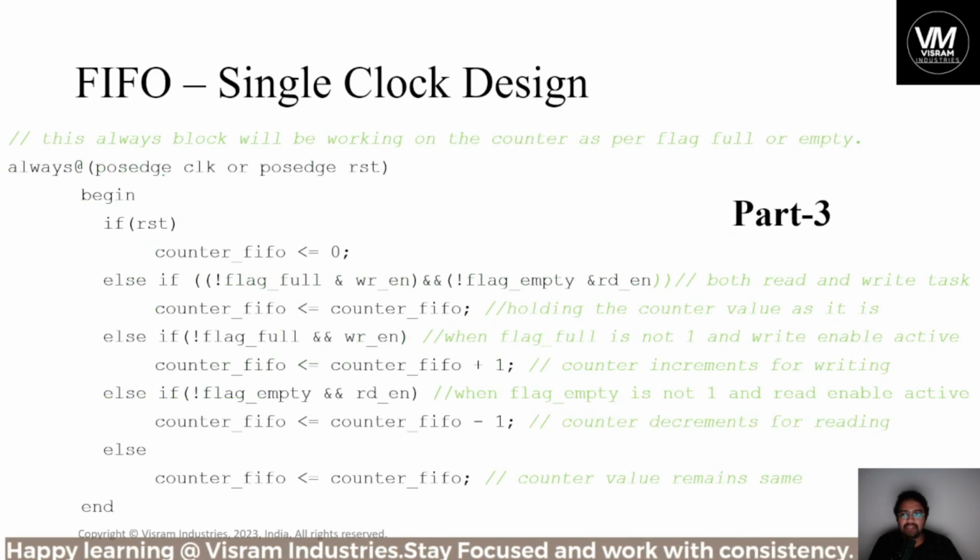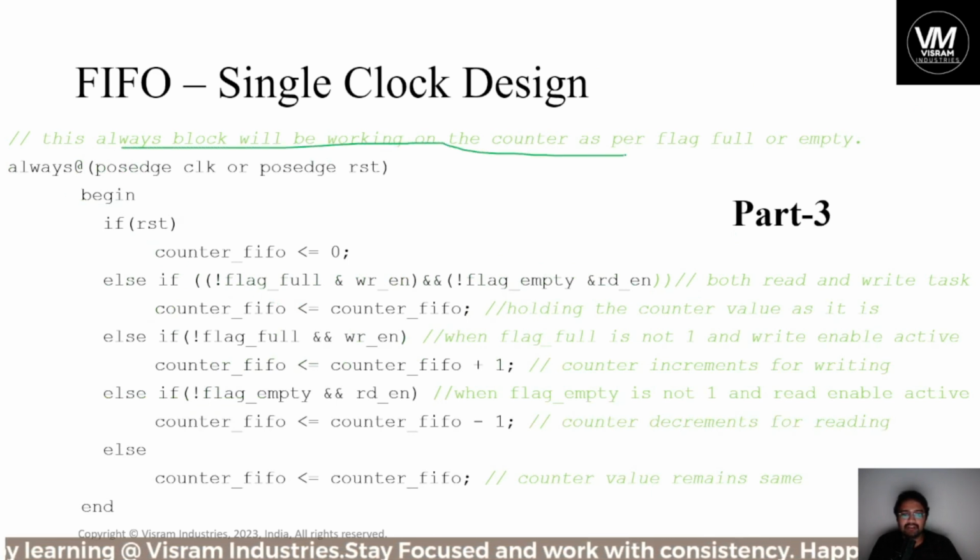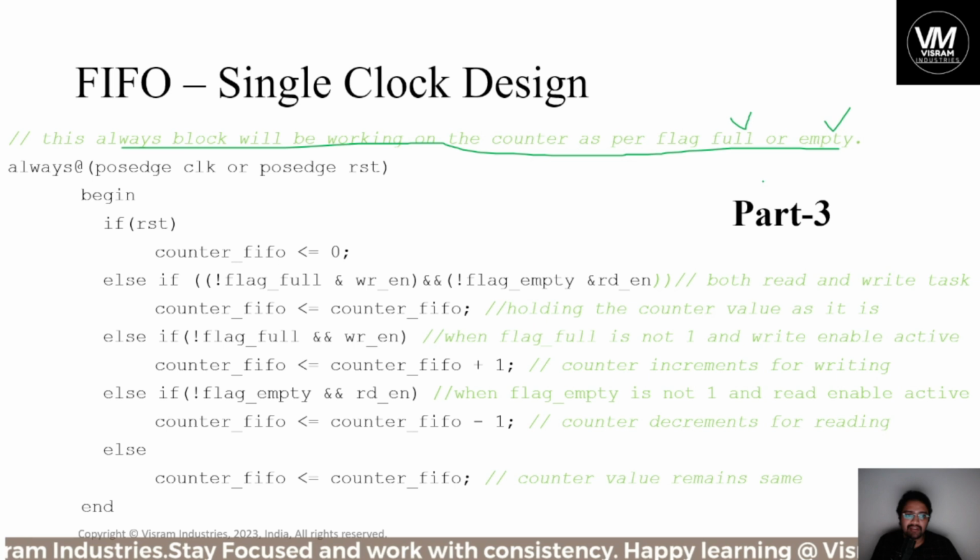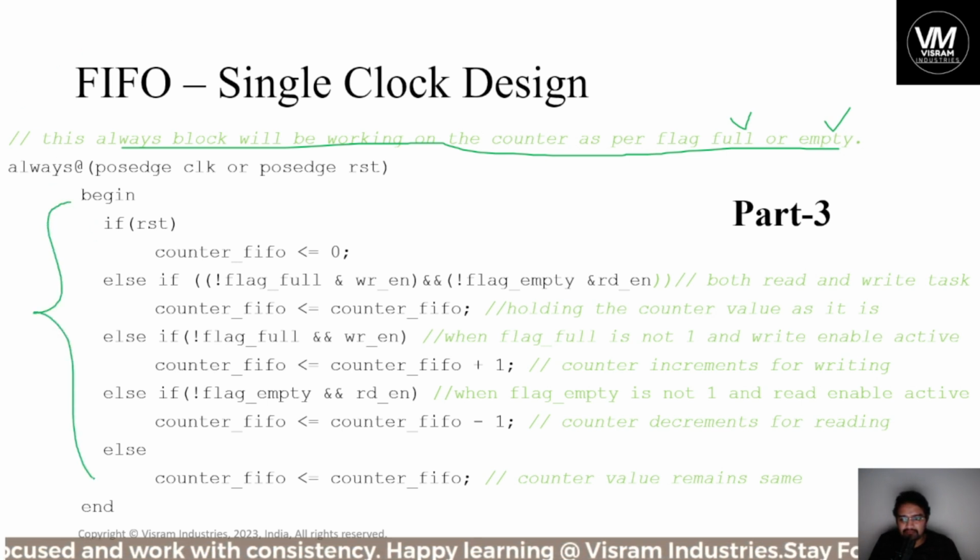So next, this always block will be working on the counter as per flag full or empty. Now we are being more specific for flag full and empty, when it should write and when it should read. Begin the condition. If reset is enabled, if reset is 1, counter FIFO is equal to 0.